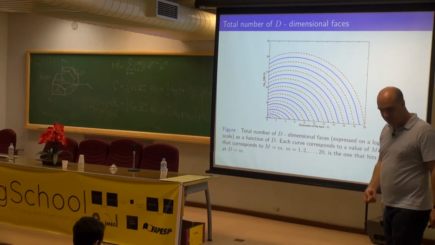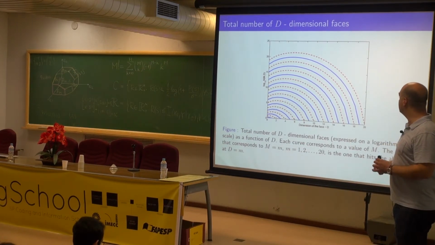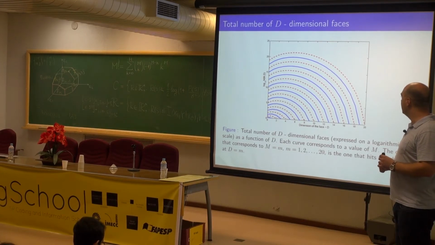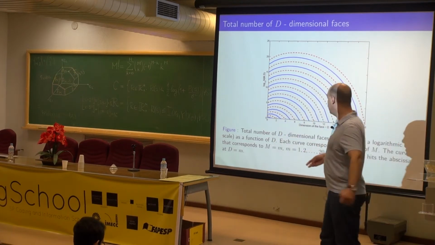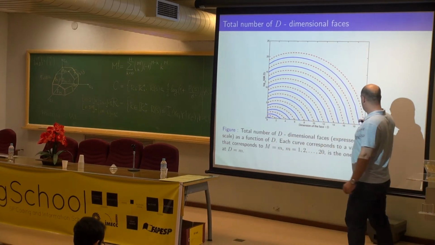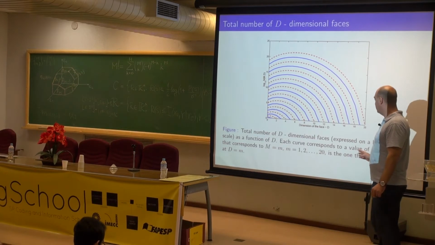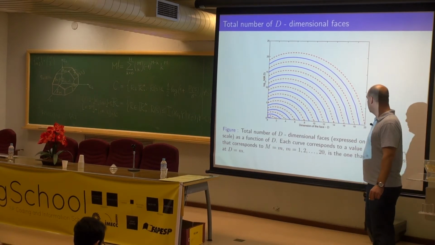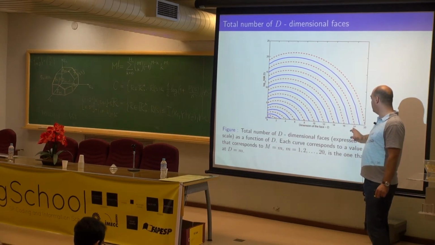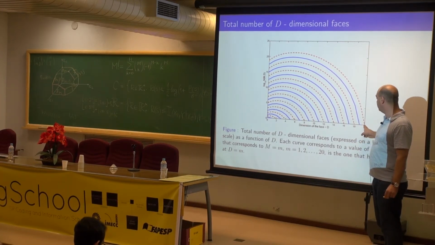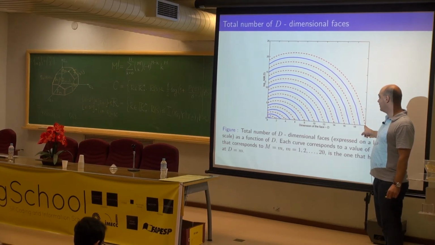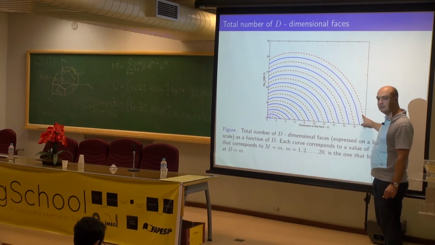Okay, I chose this way to show it, so you can see this number, N m d, the total number of faces for any dimension, and then you see where it finishes, that's the dimension. So this is for m equal 20, m equal 19, and then for m equal 20, there is one capacity region, and then you go further.